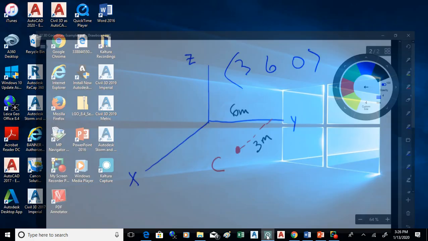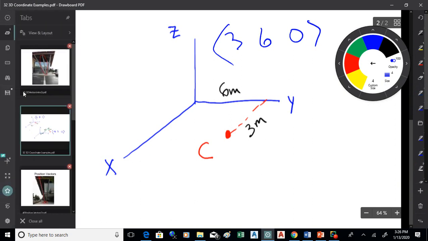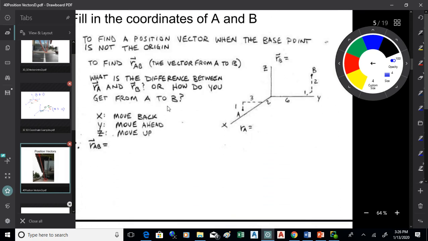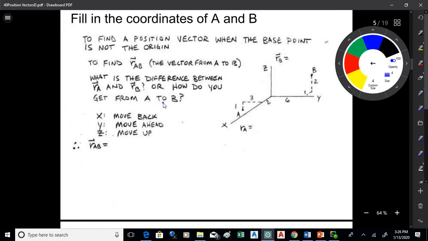All right, now we'll apply that a bit. So let's do a little bit more on page, I think, 195. So let's go back there. Now, quite often, if you have a full set of plans, you can't guarantee that you're always coming from the origin to measure a distance or a line. You might work from one coordinate to another.